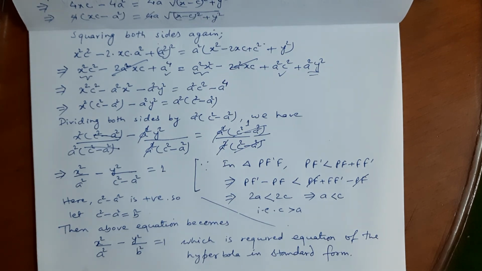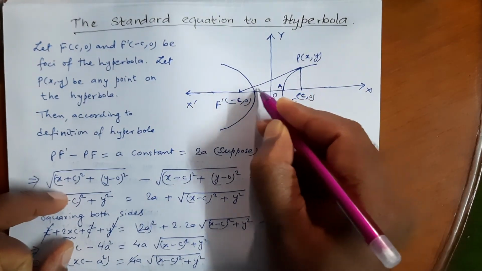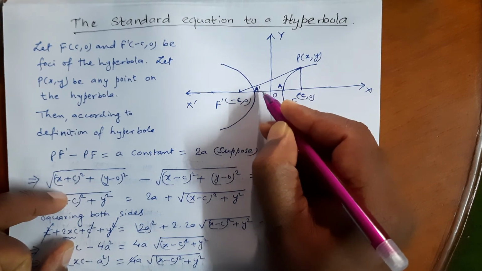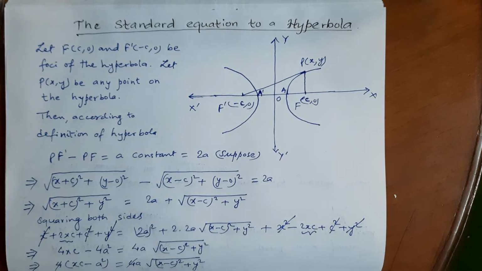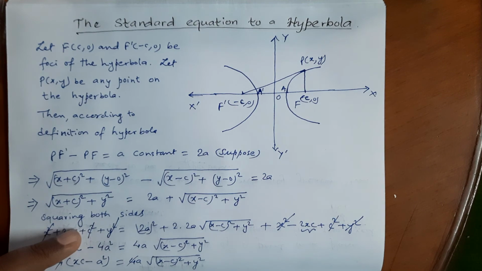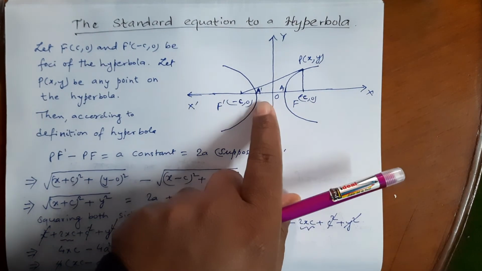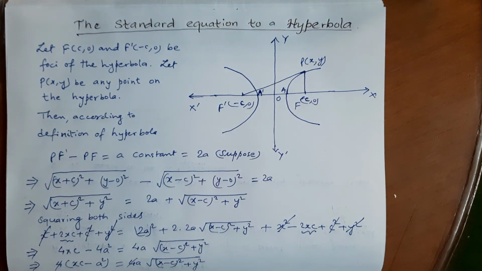And in this, the line joining these two points A and A dash, this is the point where the hyperbola intersects the major axis. These are the vertices of the hyperbola. A and A dash are the vertices of the hyperbola.